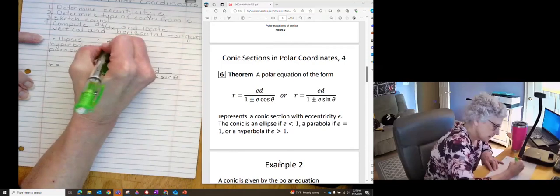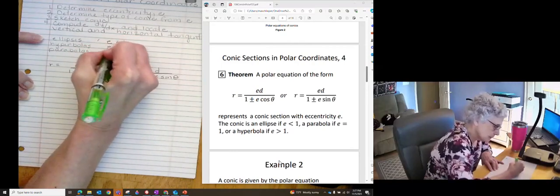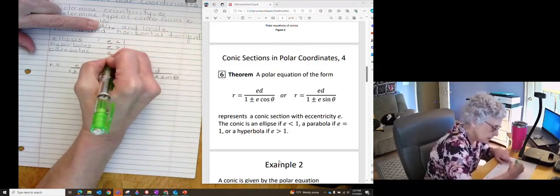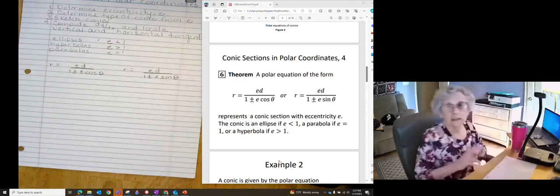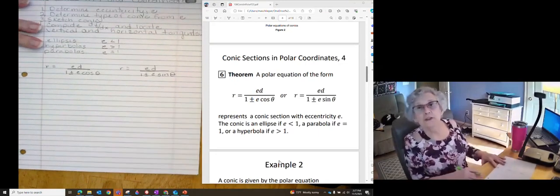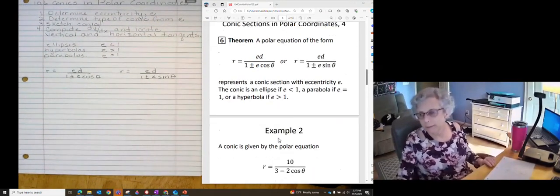Ellipse, E is less than 1. Hyperbola, E is greater than 1. Parabola, E is exactly equal to 1. And when we start to graph these things, you're going to see why it works that way.